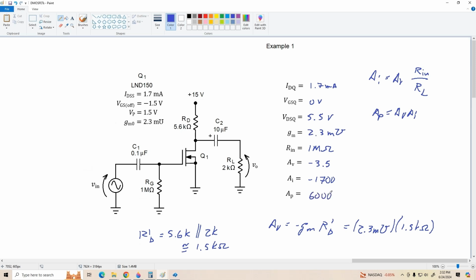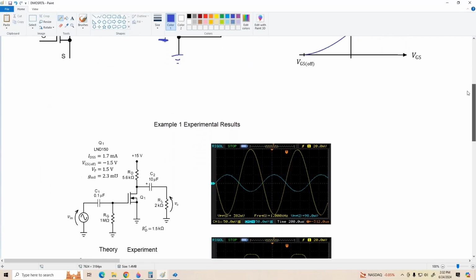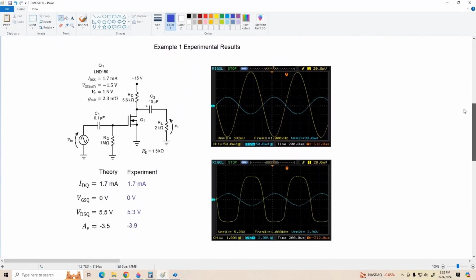All right, now I've built the circuit and did some measurements, and I'm going to show you those next, okay? So let's go on down to that page, and here we go. Okay, I've carried my theoretical values over here and written my experimentally measured values in blue.